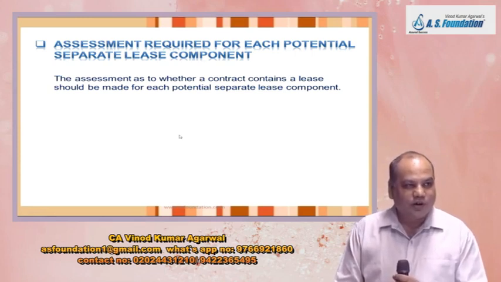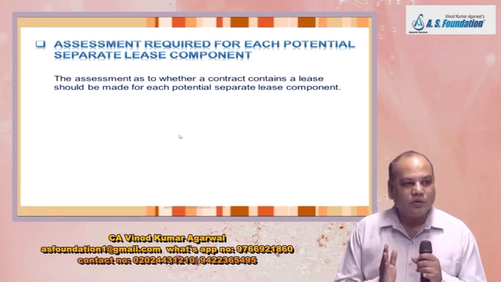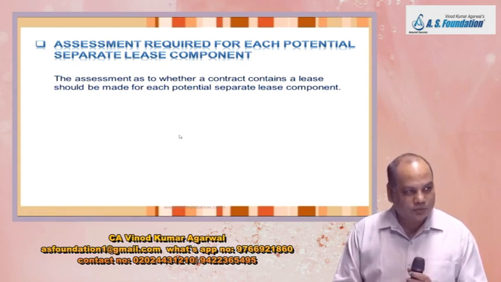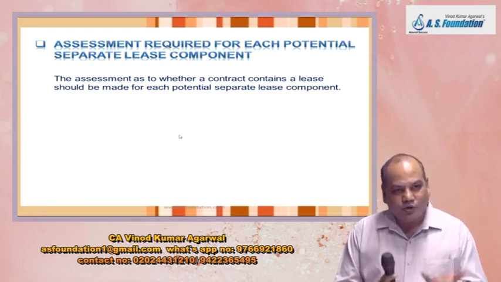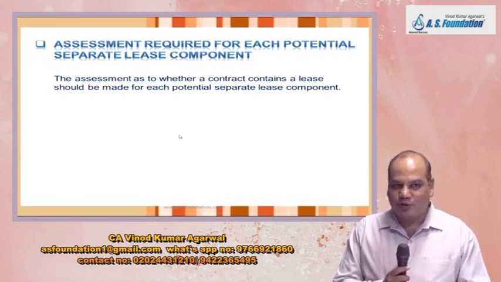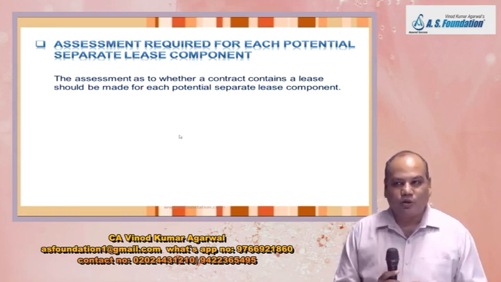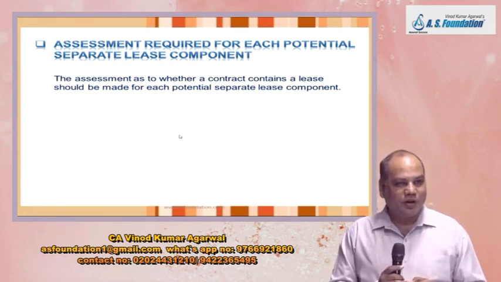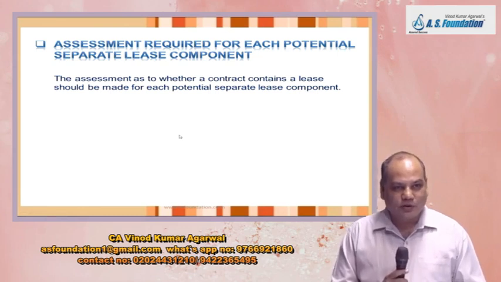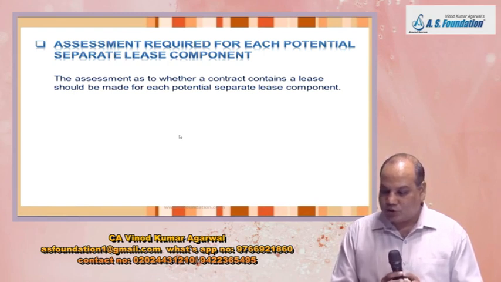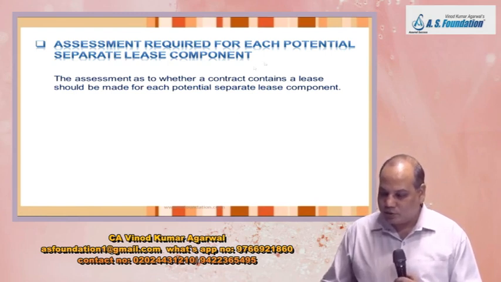So the transition here is going to be a big challenge for companies which have a lot of leases, especially the lessee. Those lessors are already doing the same thing, so they don't have to worry much. But lessees will have to at least look at all those operating leases and then move to the transition. Assessment required for each potential separate lease component.